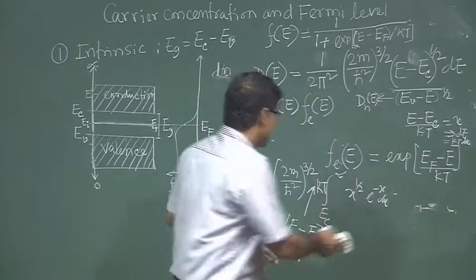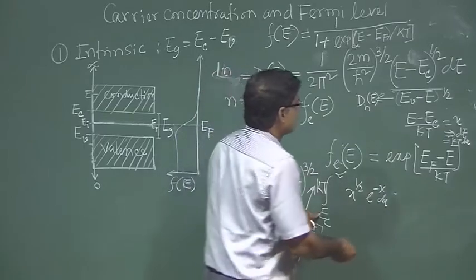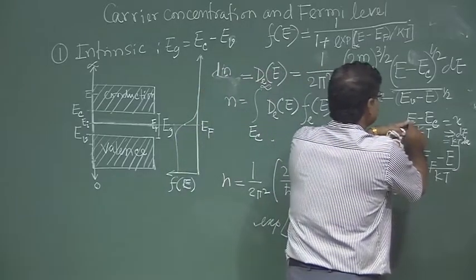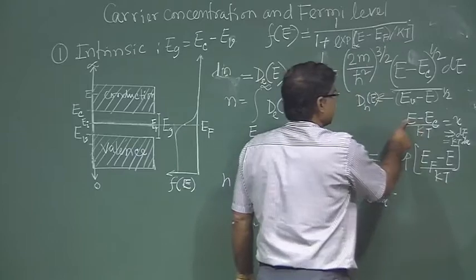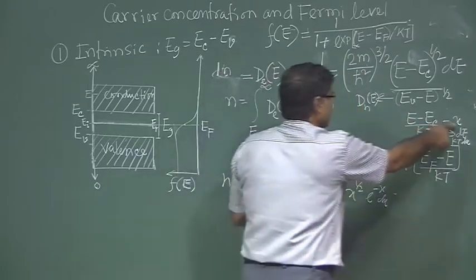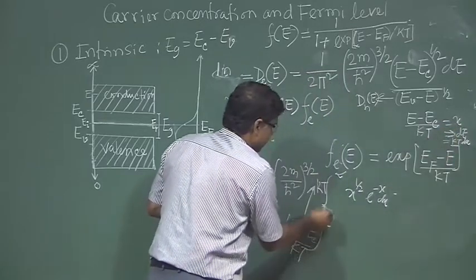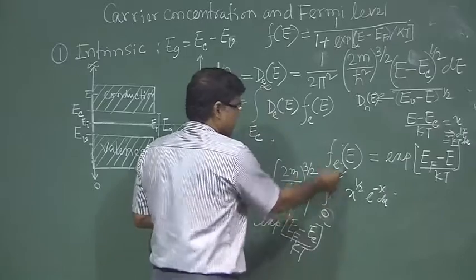So, this will be the integration, and the integration limit: when E equal to EC, then x will be 0, right. So, the integration will be 0 to infinity.